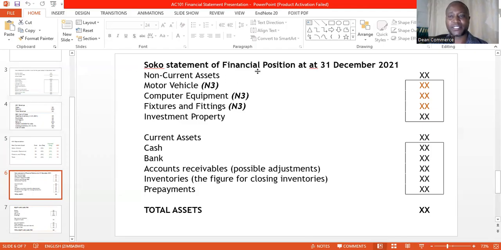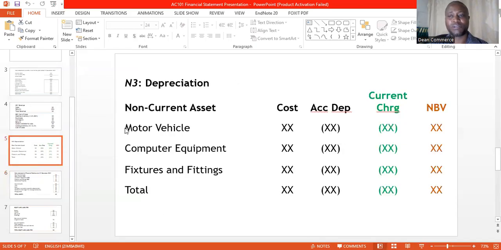So our non-current assets will be there. We put the total of our non-current assets there. So here is the value of our motor vehicle, which is the net book value. So in our non-current assets, motor vehicle, we only want to pick this figure of the net book value, which we said we get by deducting accumulated depreciation for previous years.